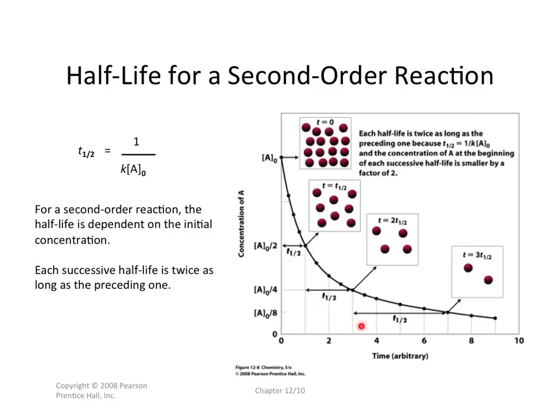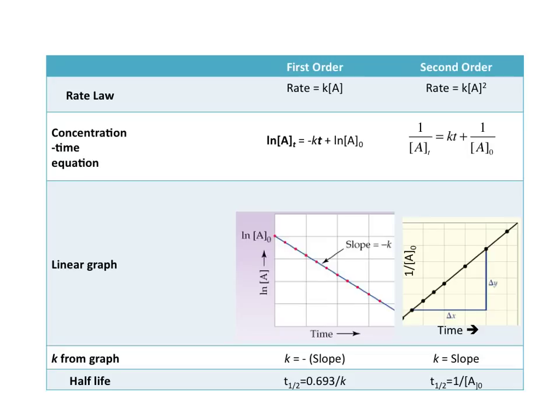The third half-life is longer than the second. More specifically, each half-life is twice as long as the previous. For a second-order reaction, then, your half-life, or t1/2, equals 1 over your rate constant times your initial concentration. This table now summarizes the integrated rate law information for a second-order reaction.